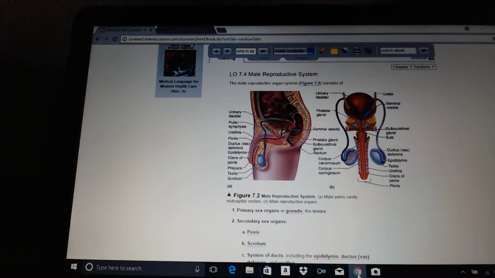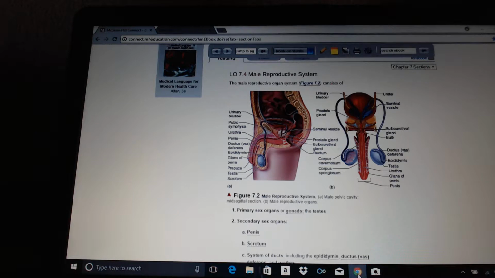This muscle that can lower the scrotum is called the cremaster muscle, and the muscle that can actually lower the testes themselves inside the scrotum is the dartos muscle. But you'll also find that in the male testes we have what are called interstitial cells that produce testosterone.